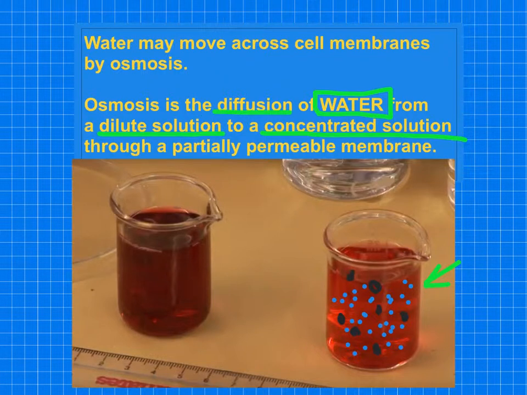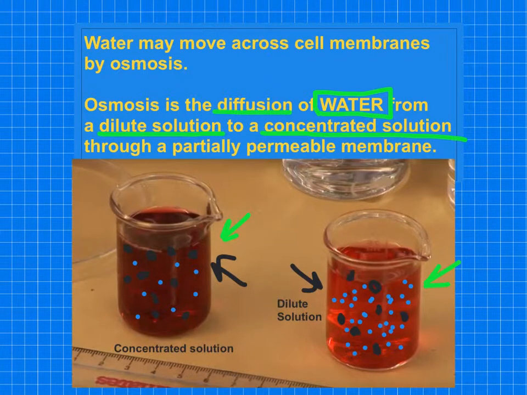Whereas on the left hand side, this is a more concentrated solution. What we mean by more concentrated is that it still contains water but of a lower concentration, and there are far more sugar molecules in there. So that's what we call a concentrated solution, this one here, and then on the right is the dilute solution.